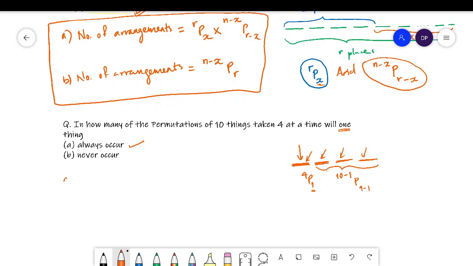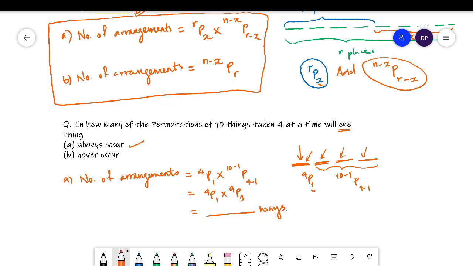So part A, as per above knowledge, number of arrangements is equal to 4P1 times (10 minus 1)P(4 minus 1), which is equal to 4P1 times 9P3, which will give you a value, that many ways. Hope it is clear.